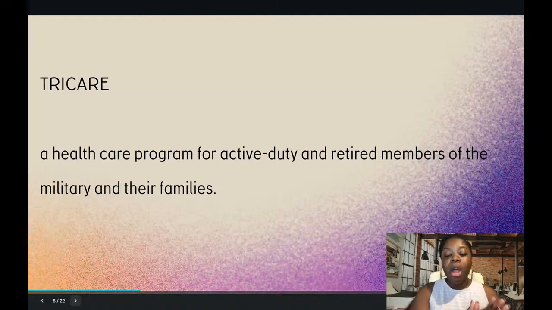So if you ever are working at a facility or find yourself doing billing and the person hands you a TRICARE card, then you can automatically assume that this person has some form of military experience, or they have a nuclear family member that is an active member of the military. So that is TRICARE, and you need to understand that for your exam.